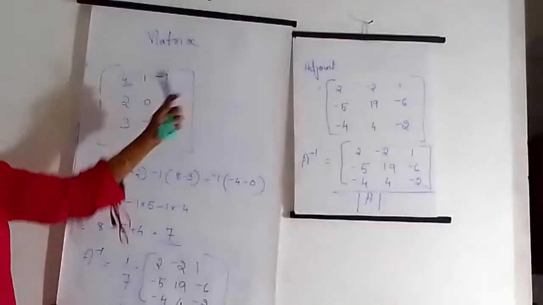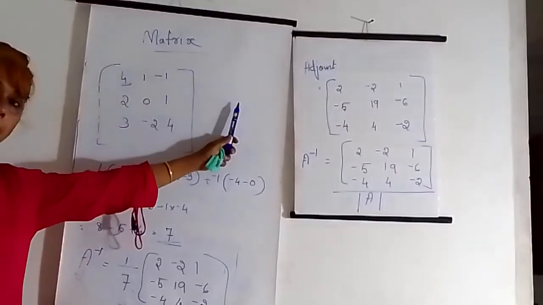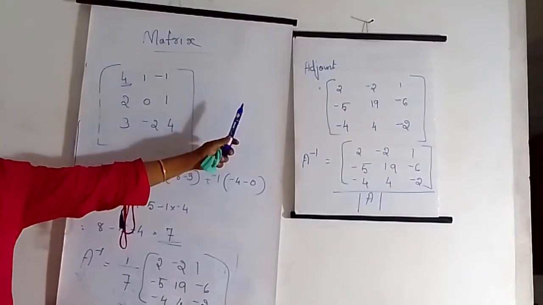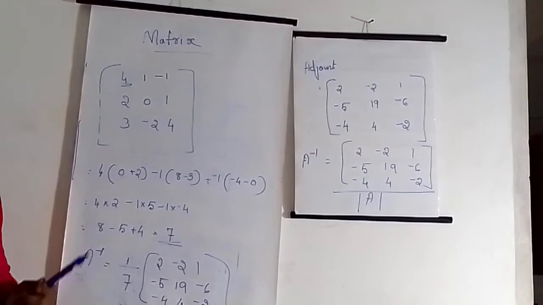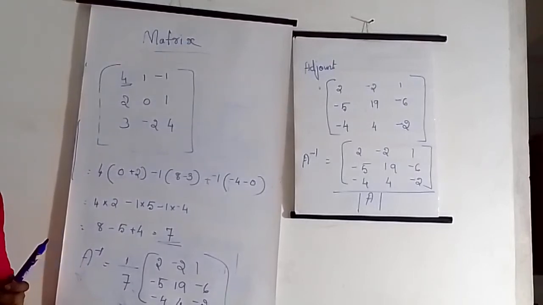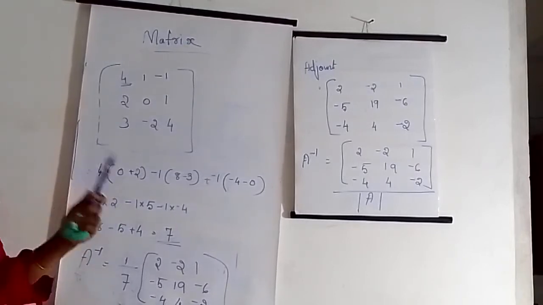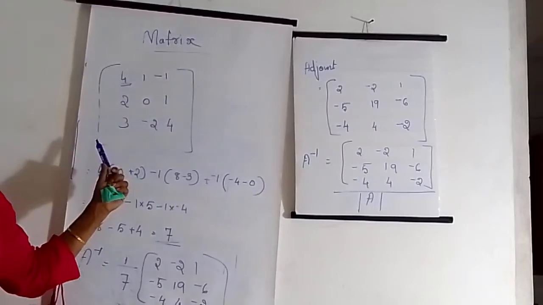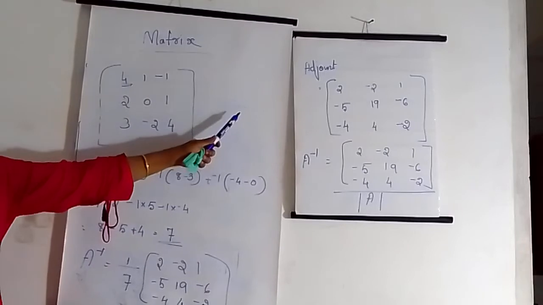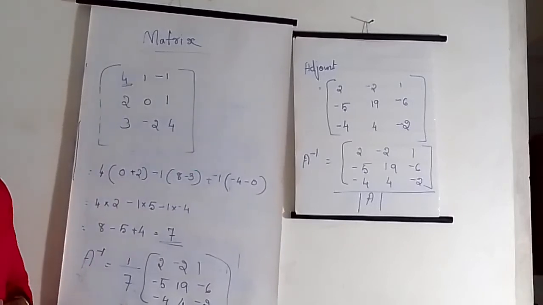We can use row operations so that the value does not change. The unit matrix on the right side will be changed into a matrix, and on the left side it should be a unit matrix. So we can manipulate the rows to get an identity matrix on the left side. Then what we get on the right side is the inverse.